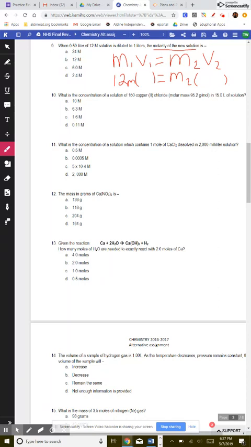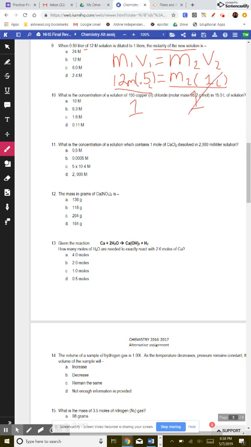Remember, of is that connector word, okay? So if it's saying half a liter of 12, that probably means I need to put half a liter here. So half of a liter, okay? And then I need 1 liter solution. Okay, move the 1 over so I can isolate M2 by itself.